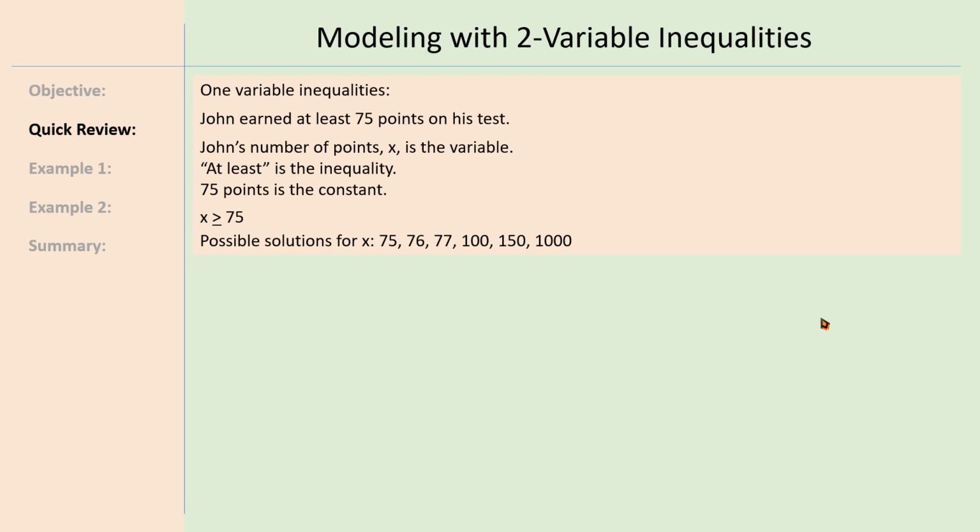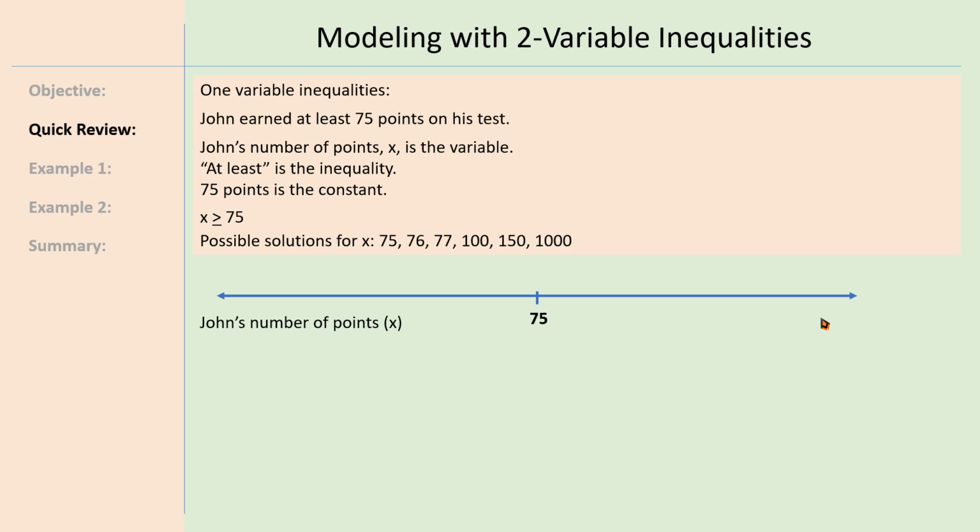So to graph all of that, we need a number line, right? Because there are many solutions that we can choose from. On this number line, we pick anything that is on the right side of 75. So 75 works, so we pick that. And then anything on the right side, 76, 77, 78, 100, 150, anything.